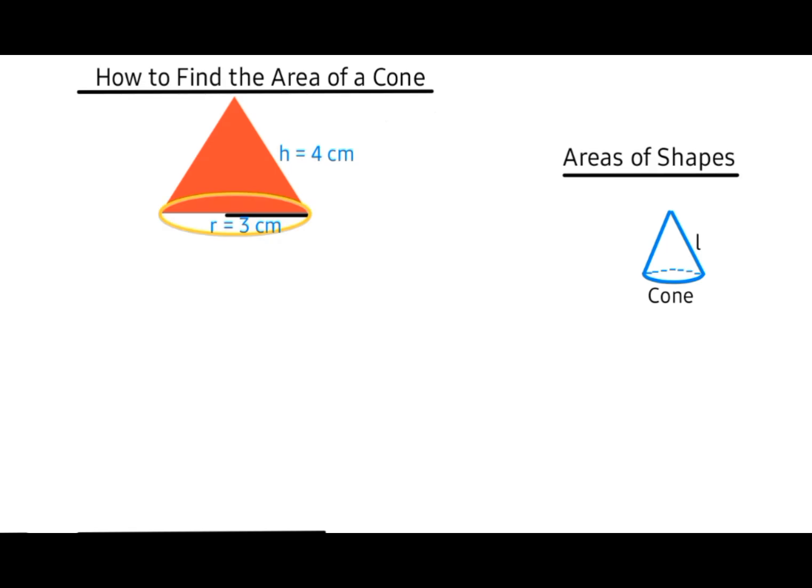Now let's find the total surface area of a cone with radius 3 centimeters and height 4 centimeters. This is the formula for finding the total surface area of a cone. We have pi. Now looking at our formula, we could see that radius is given, slant height L is not given, rather height is given.